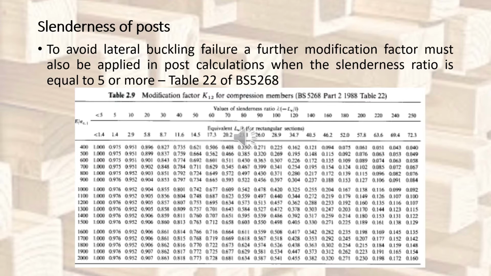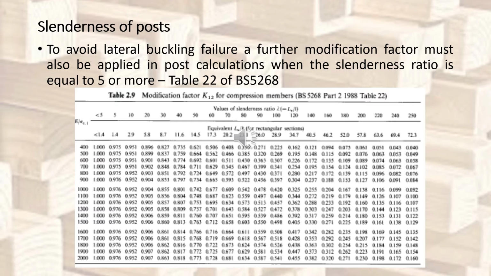And it depends on the values of slenderness ratio as per table 22 of the British Standard 5268. So this is something that needs to be looked at. You have to determine the slenderness ratio. If it is less than 5, the modification factor is taken as 1.